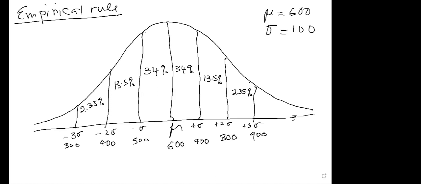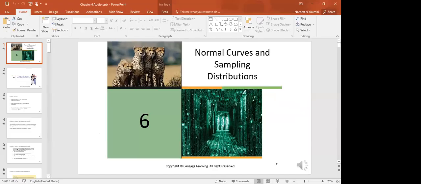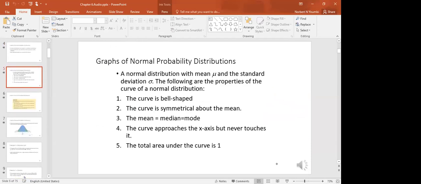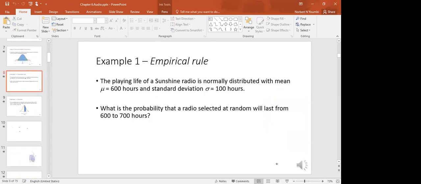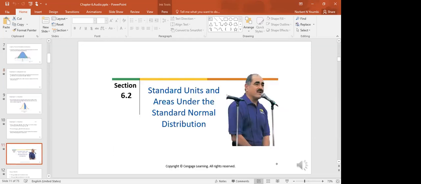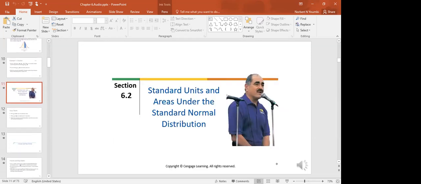So we are now going to move further with the standard normal distribution. Standard units and area under the standard normal distribution.